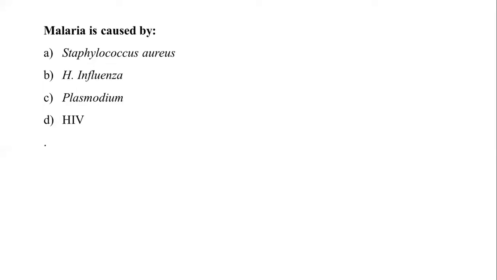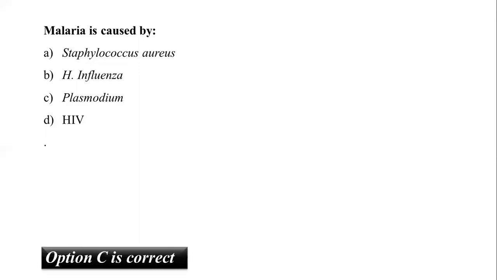The next question is, malaria is caused by? The correct answer for this question is option C, Plasmodium. There are 5 parasitic species that cause malaria in humans, and 2 of these species, Plasmodium falciparum and Plasmodium vivax, pose the greatest threat.